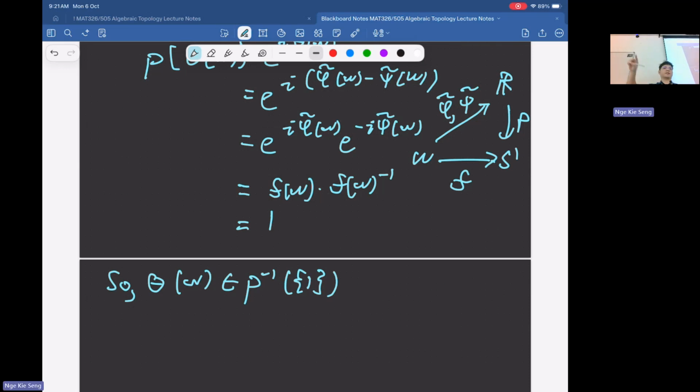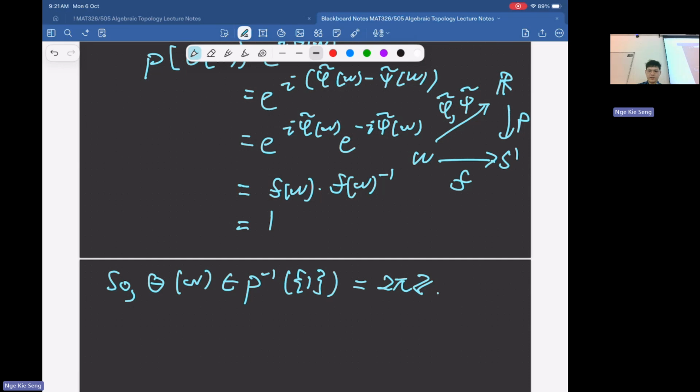When do you reach 1, other than 0? It is a multiple of 2 pi. So your pre-image is a discrete set. It's discrete. Okay, it's a discrete set.